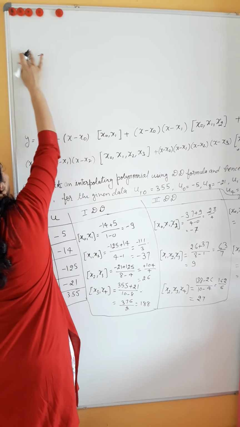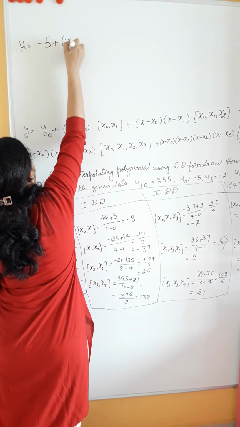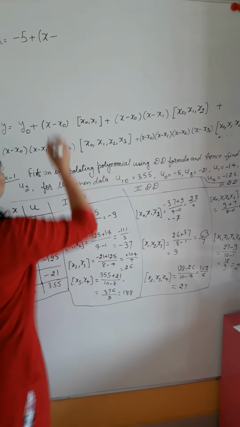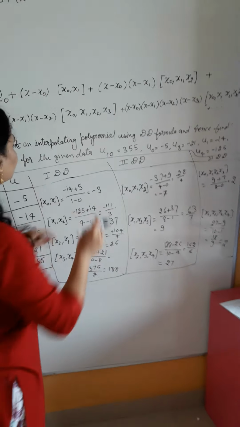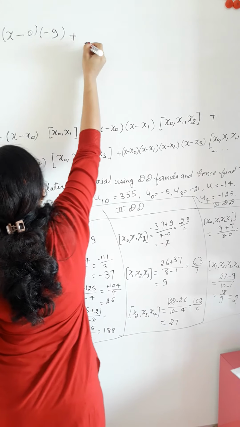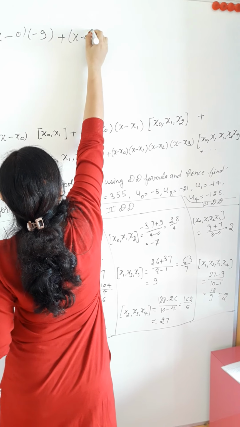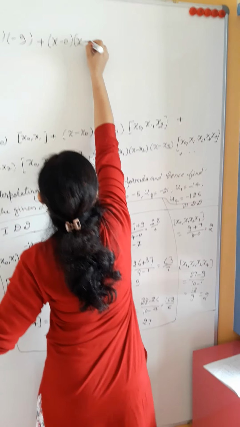Or we can say u, since we are calculating u, minus 5 plus x minus x naught, that is 0, and first difference. What is the first difference? Minus 9. That is minus 9 plus x minus x naught, x minus x1, that is 1.